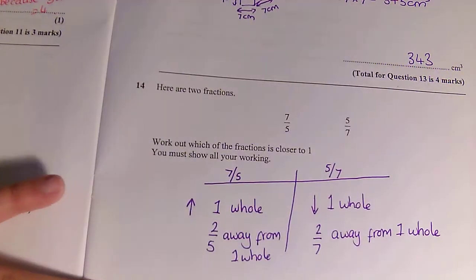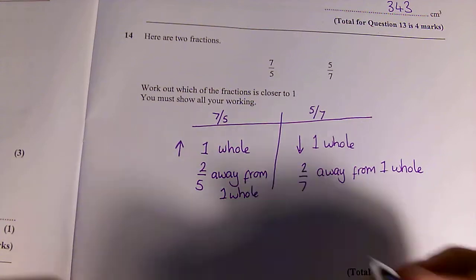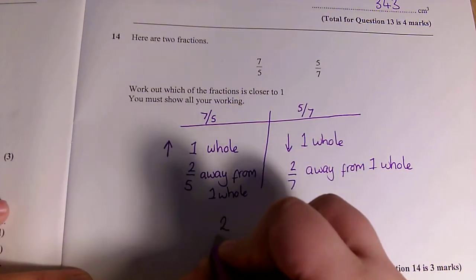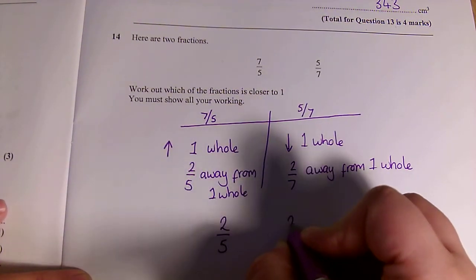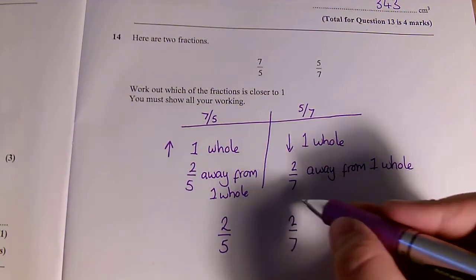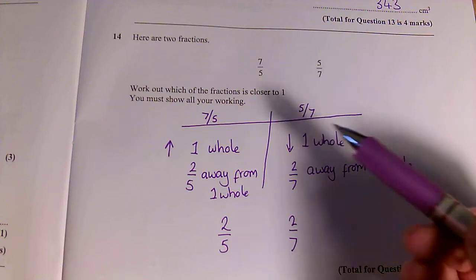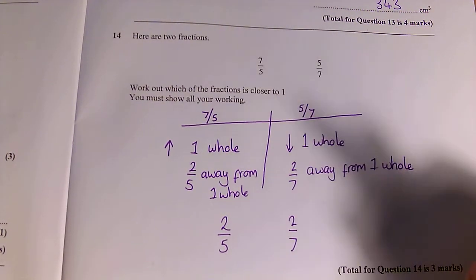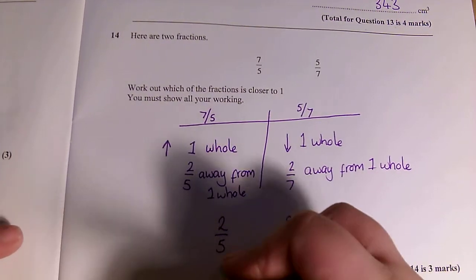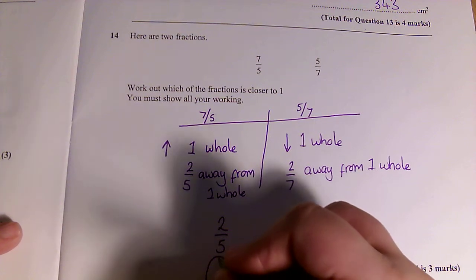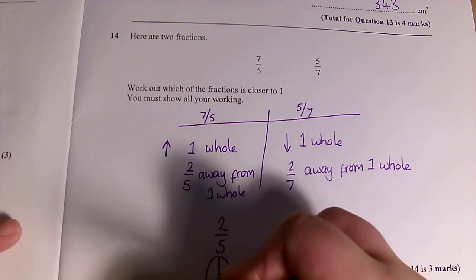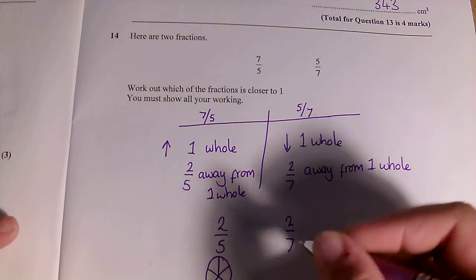Now, you can draw a picture for this, you can do workings out, it's totally up to you, but I need to decide which is bigger, 2/5 or 2/7, because whichever one's bigger is not going to be our answer. It's going to be further away from 1. So if I had a pizza and I had 2/5 of my pizza, I've got 1/5, 2/5, 3/5, 4/5, 5/5.